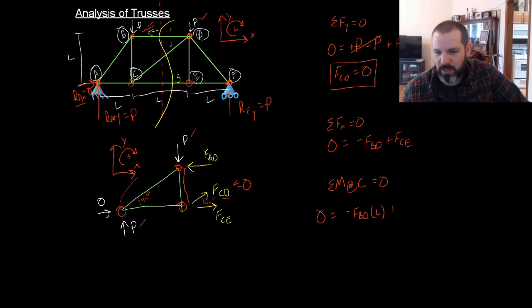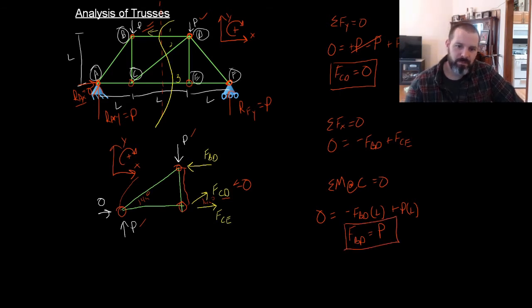So we'll have plus P times L. And those are the only forces that are not acting directly through point C. So we'll find out that FBD is equal to P. And if we go back, we know that FBD is equal to FCE. So FCE will equal P.